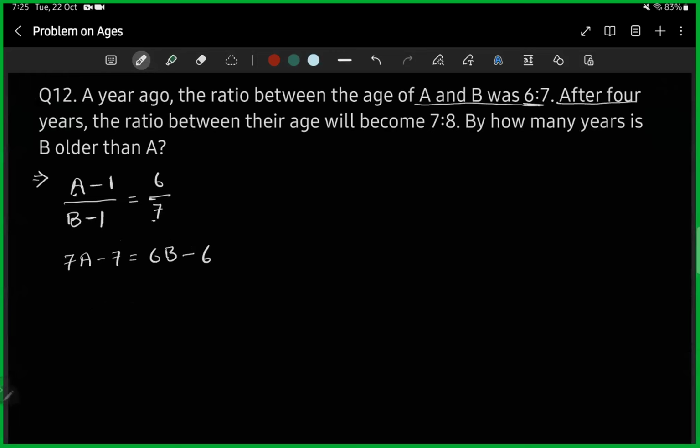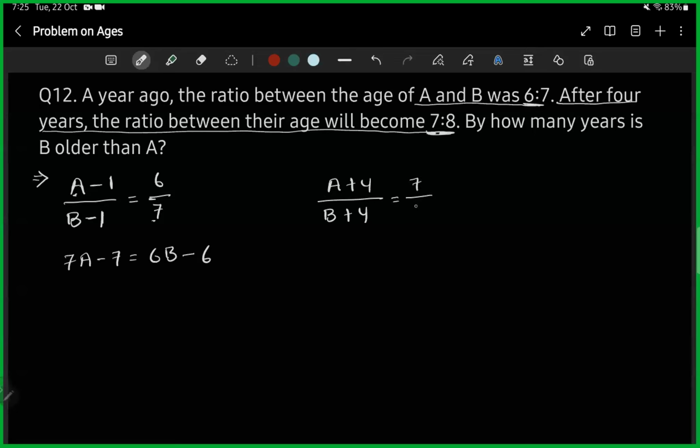After 4 years, the ratio between their age will become 7:8. So in order to write in this similar fashion, can anyone tell me what it will be? A, and then 4. Yes, A plus 4. Likewise, here also 4 years into the future, so B plus 4. And their given ratio is, which one should come in the numerator as per this given ratio? 7. 7/8.